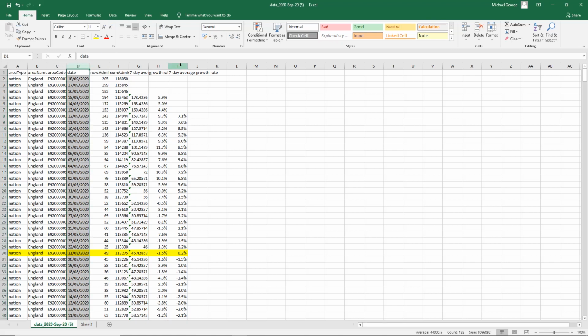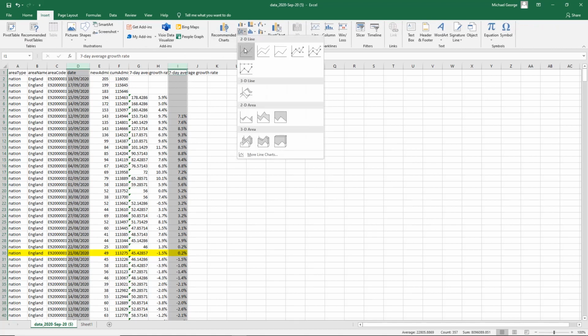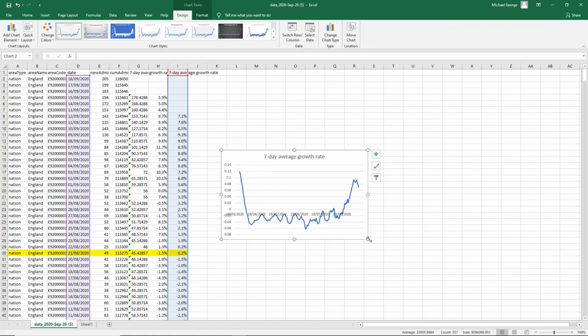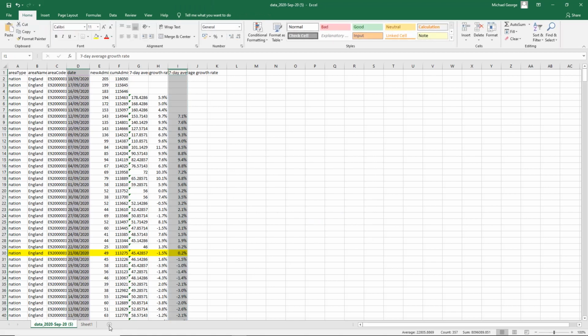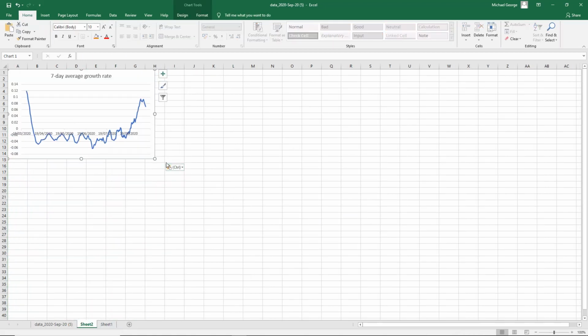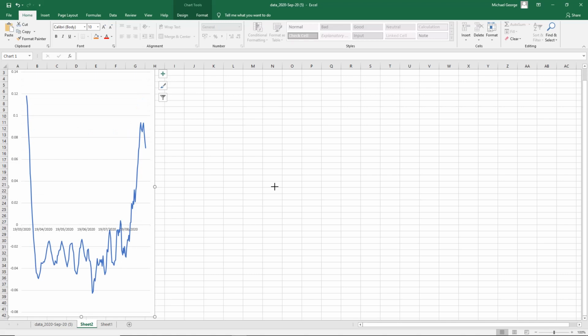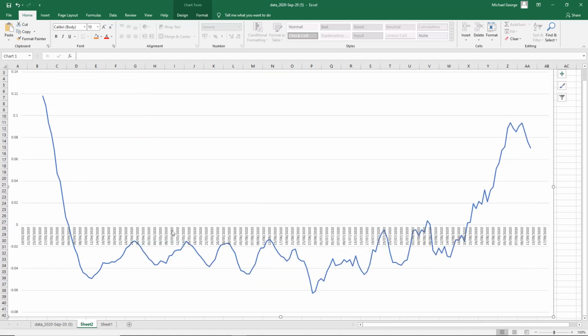So let's do a quick chart of these two things, and I'm just going to use the 7-day average to keep it clean. So I'm going to insert a graph there, and as with the other graph, I'll pop it into a new sheet so that we can see clearly what's going on. Just a bit of formatting to tidy this up.